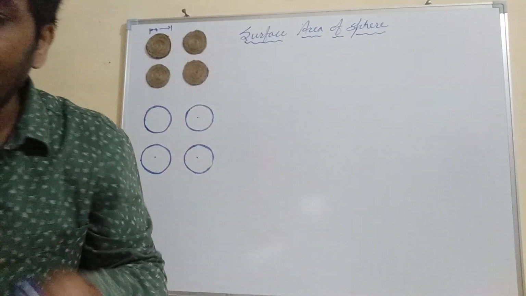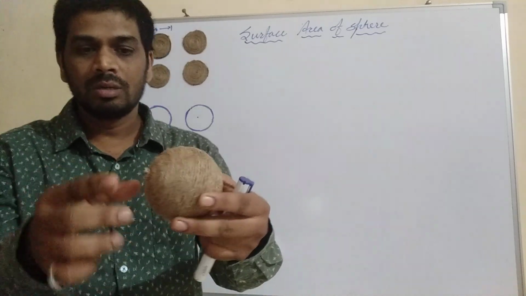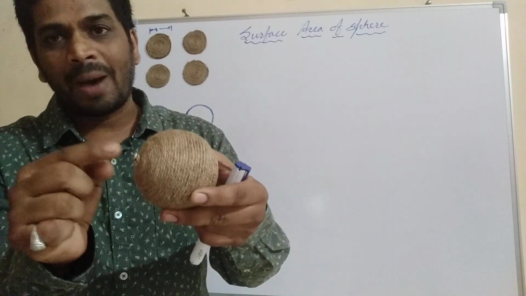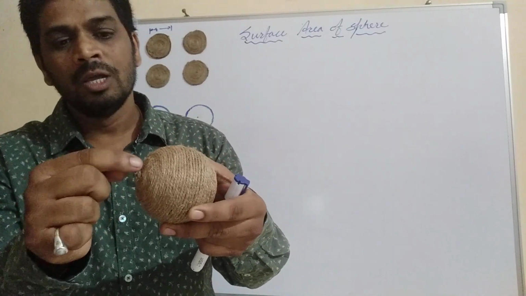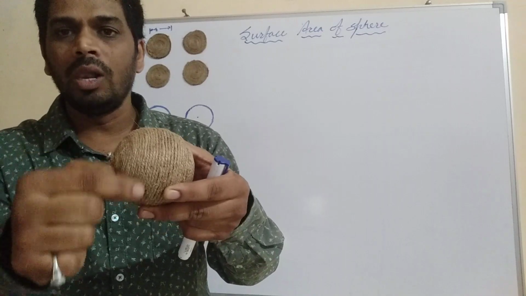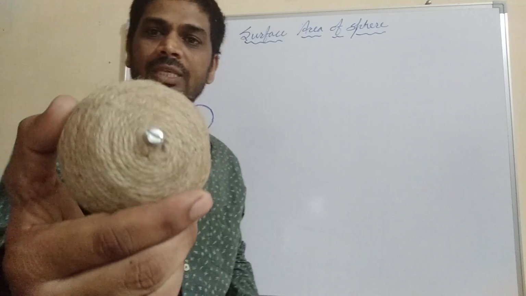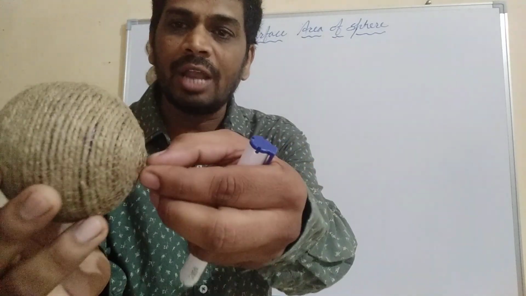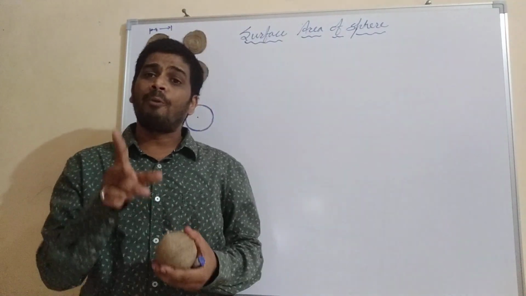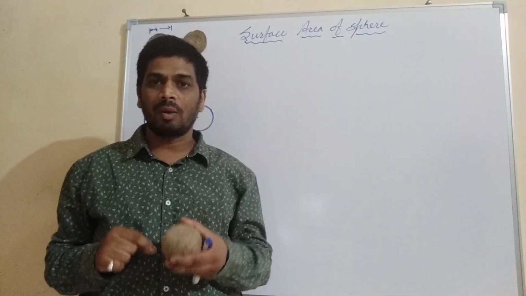Then drive a nail in the ball this way, and with the support of the nail, wind the string along the ball so that the ball will be completely covered like this. Then unwind the thread and make 4 equal parts of the total length of the string.